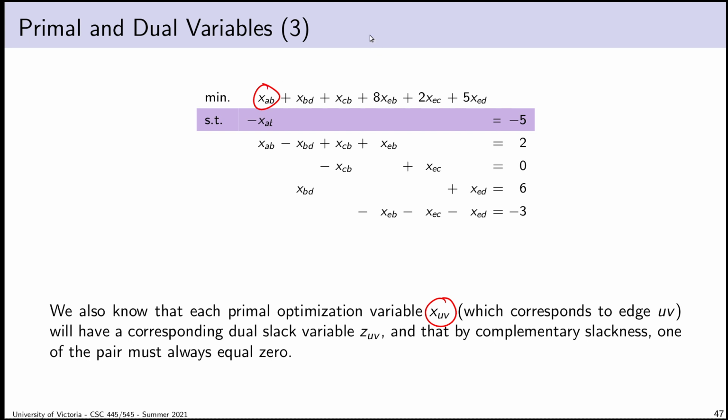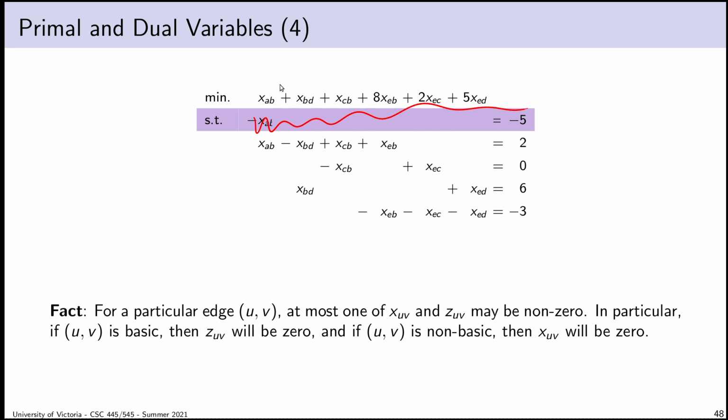We already know a few properties about the relationship between them, which is that by complementary slackness, for a particular arc, at most one of xab and zab can be non-zero. They could both equal 0, but at most one of them can ever be non-zero. So we can rephrase that: for a particular arc uv, at most one of xuv and zuv may be non-zero.